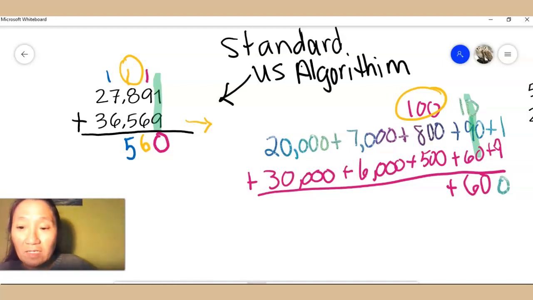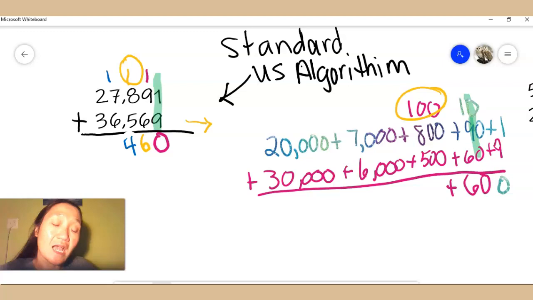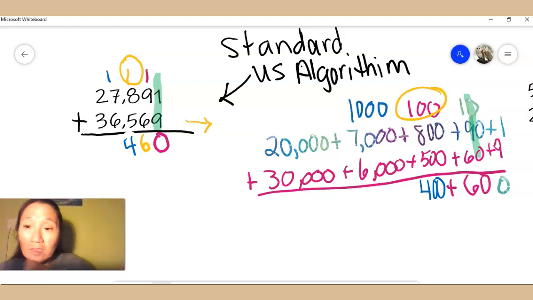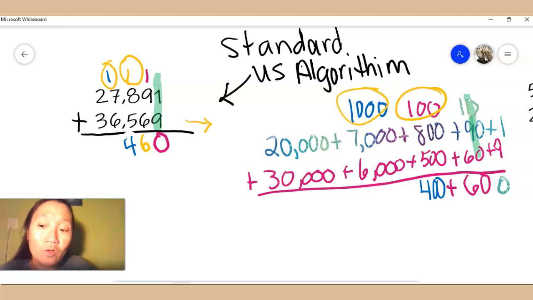Why did I write 15? That's 14. I'm so sorry. So 8 plus 1 is 9, plus 500 more is 1,400, so I carry my 1,000. This right here and this are worth the same. That 1 is really worth 1,000.